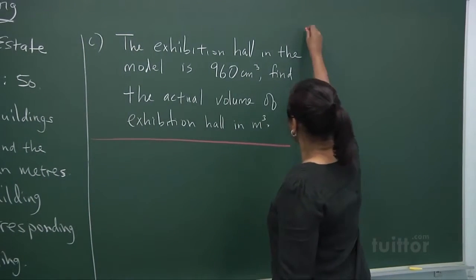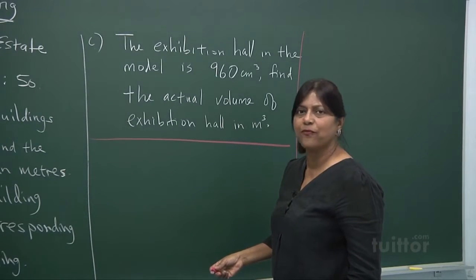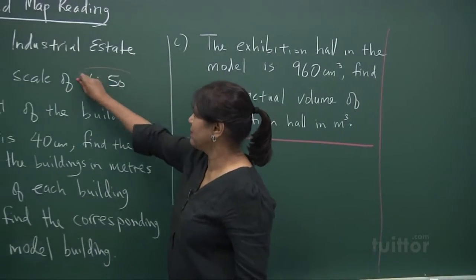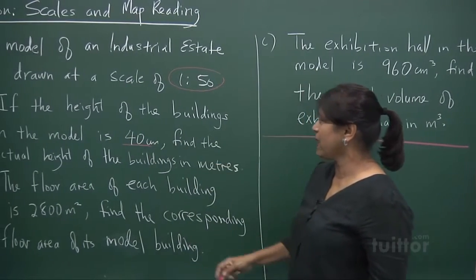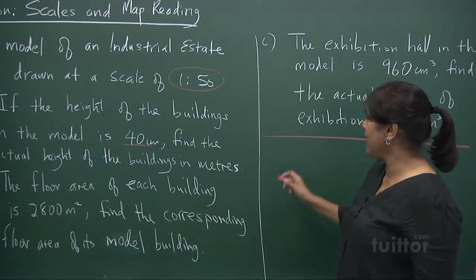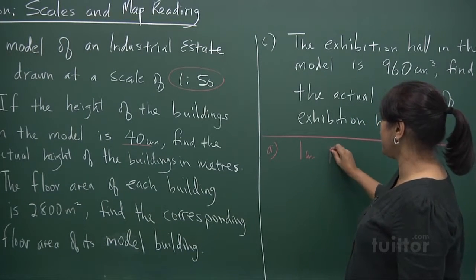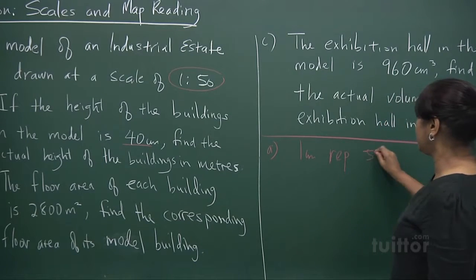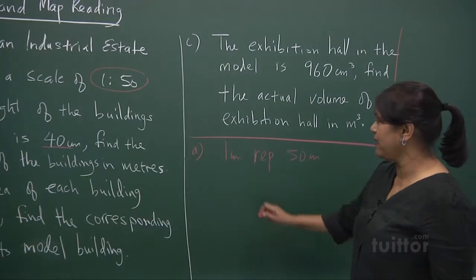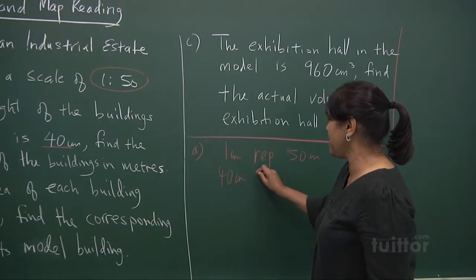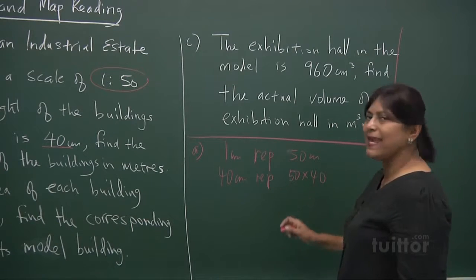Let's look at it. Now the model, the scale is 1:50. That's the scale. And the height of the building is 40 cm. The actual height will be, alright, so we look at it here again, 1 cm represents 50 cm. And so if the height is 40 cm, 40 cm represents 50 times 40 cm.